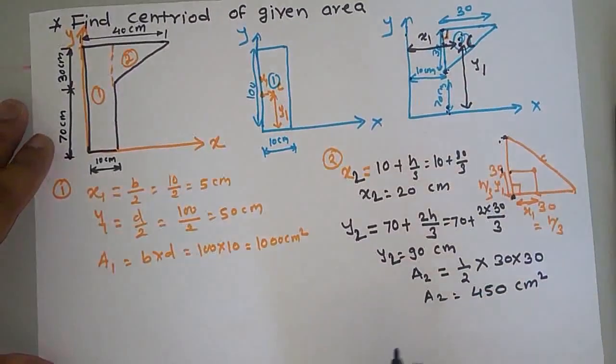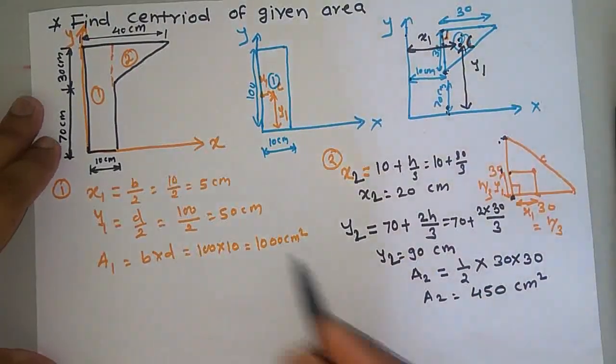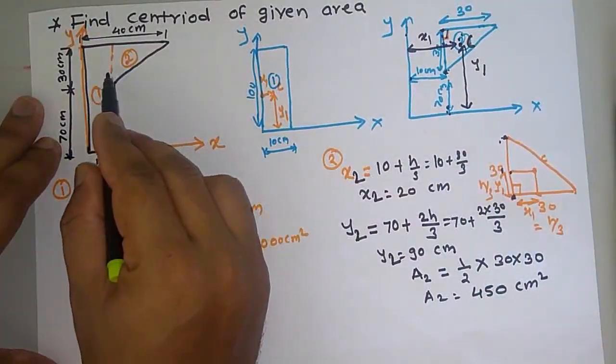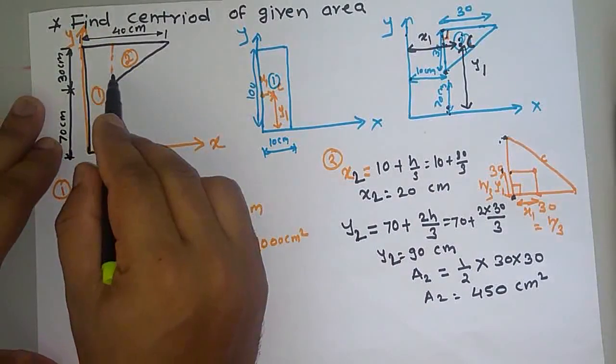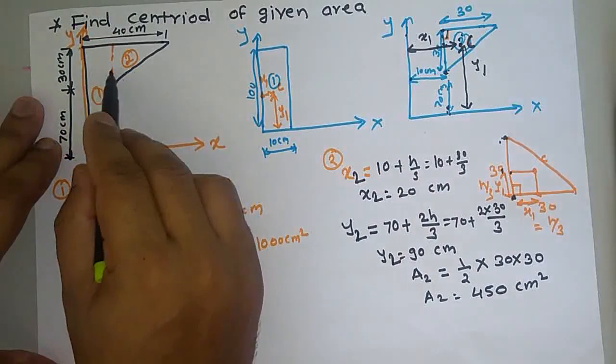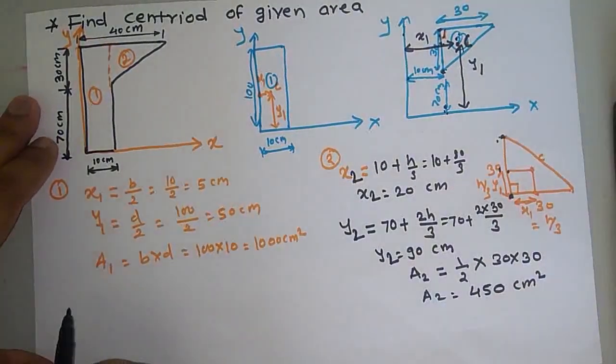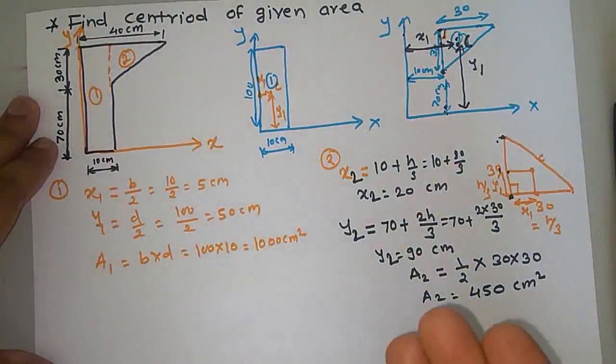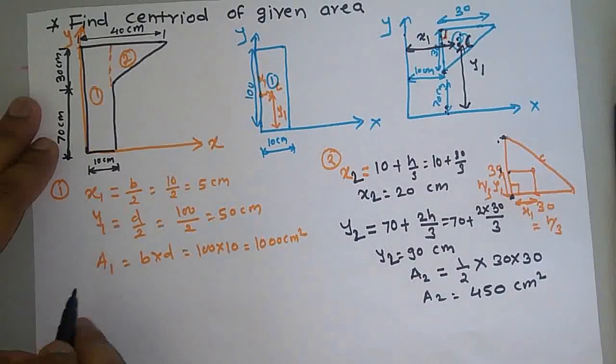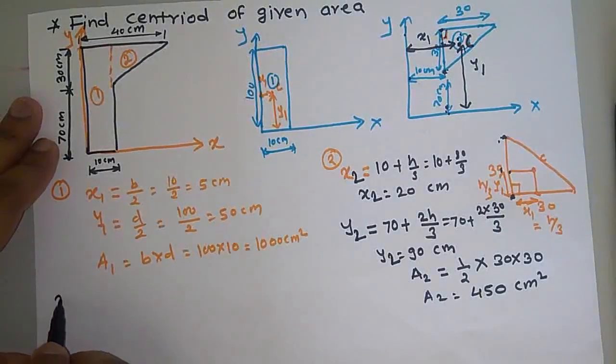So we need to find the x bar and y bar. X bar means the x coordinate of the centroid of this geometry, y bar is the y coordinate of the centroid of this geometry. Okay, now the fourth step is to use the formula. What is the formula?